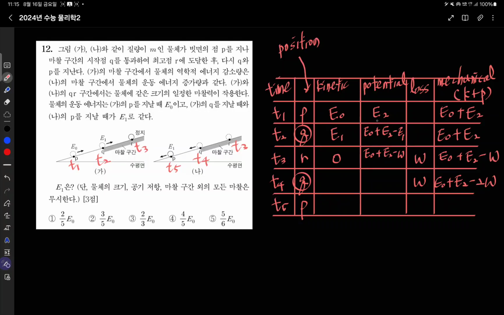So I'm going to use the potential energy at t2 for t4. To find the kinetic energy, we can subtract potential energy from mechanical energy. That means E0 and E2 cancel. So the kinetic energy at t4 is E1 minus 2 times W.